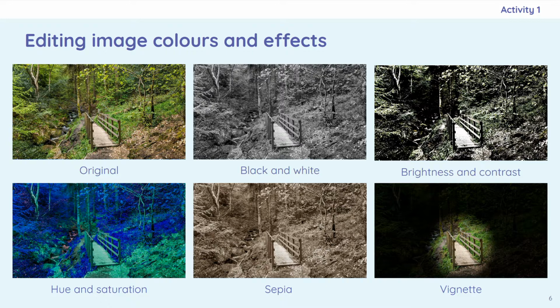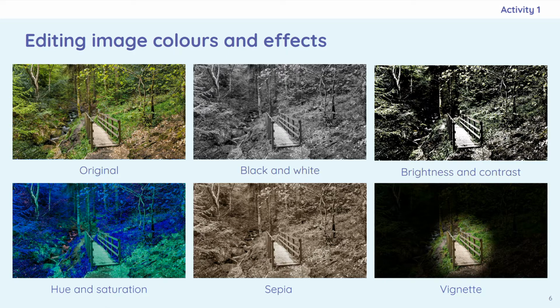Then we've got sepia, the bottom middle one. That's where the image, rather than black and white, it's changed to browns and creams. And then the final image in the bottom right hand corner is called Vignette, and that's where we have a very dark area surrounding just part of the image, and that's another skill that I'm going to show you today.